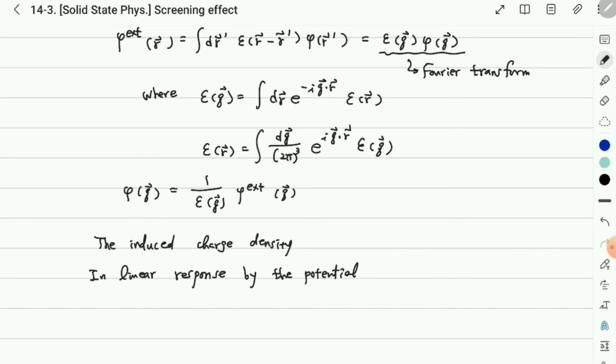It means that the potential gives rise to the induced charge in momentum space. Then the linear coefficient we call chi, the electronic susceptibility.